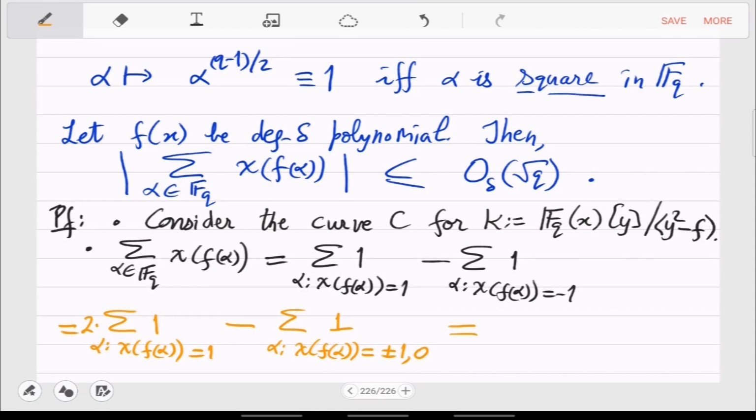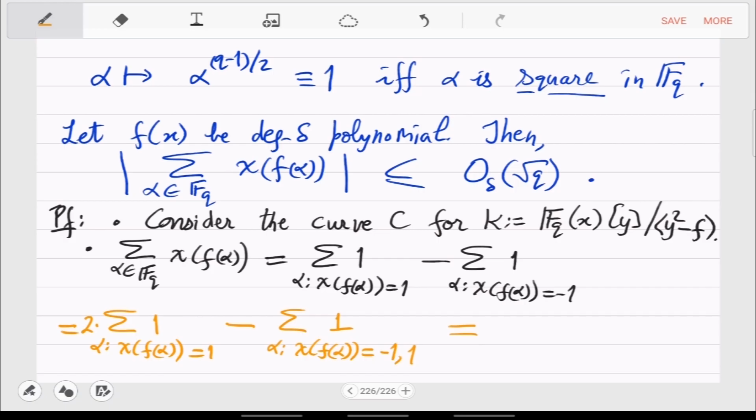So now the first summand becomes double, and in the second summand I am looking at minus 1, 0 and plus 1. Actually I should not say 0, 0 doesn't count. So how many times minus 1 and plus 1? That's essentially q except the places where f(alpha) vanishes, which will be at most q minus delta.